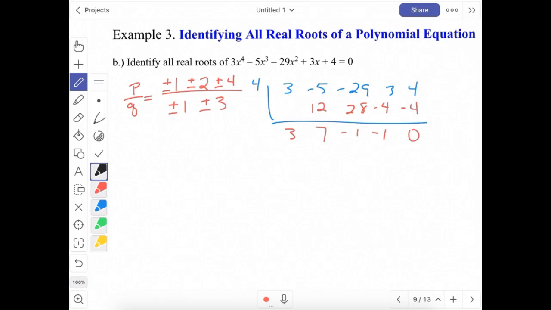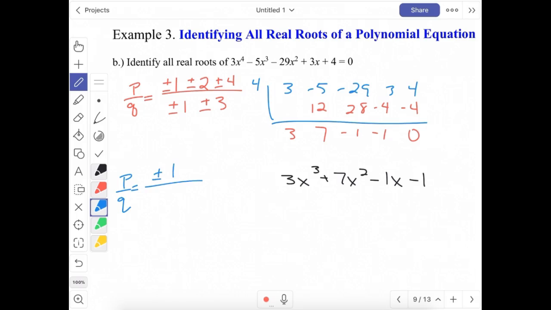So now we would have 3x to the 3rd plus 7x squared minus 1x minus 1. And we would have to do the same thing. So we would again have to do p over q, and we would just have plus or minus 1, and then plus or minus 1 or plus or minus 3.